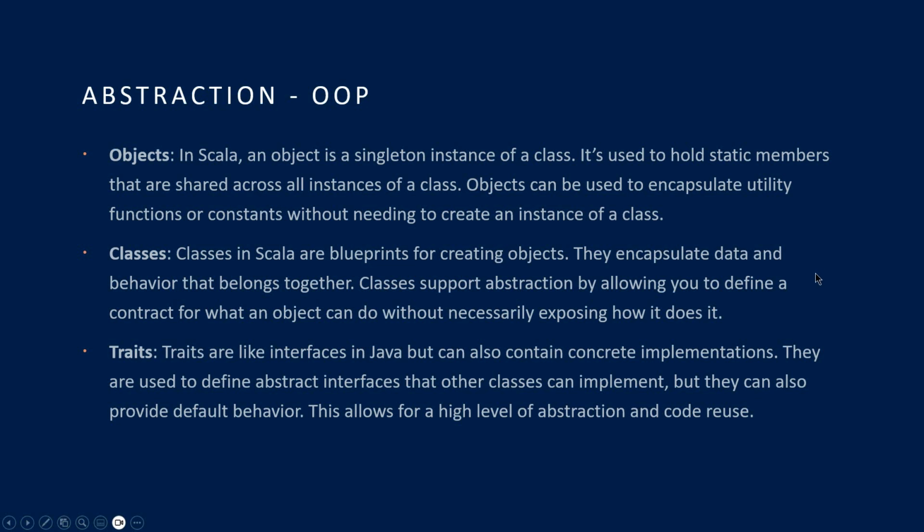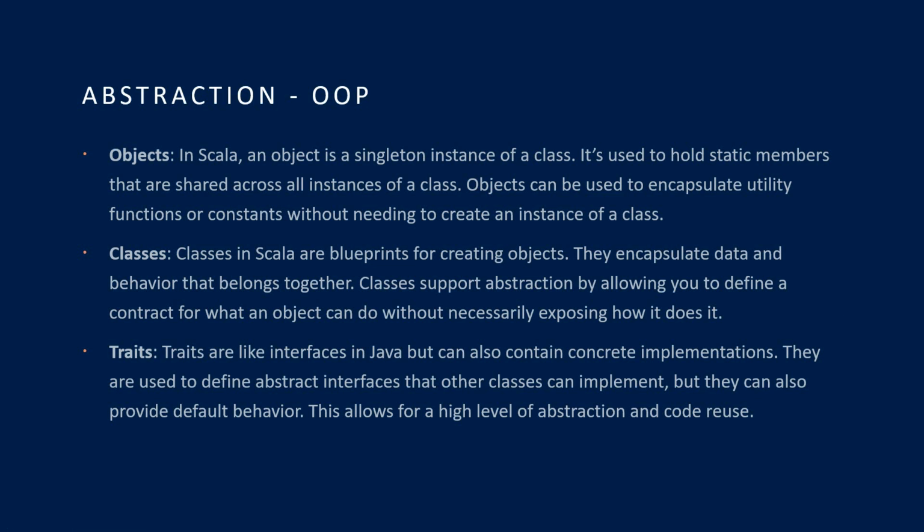Classes aid abstraction because they're blueprints for creating objects. They encapsulate data and behaviour that belongs together. So you can define a contract for what an object can do without necessarily exposing how it does it. And then traits, a bit like interfaces in Java, as I've said before, but they can contain concrete implementations as well.